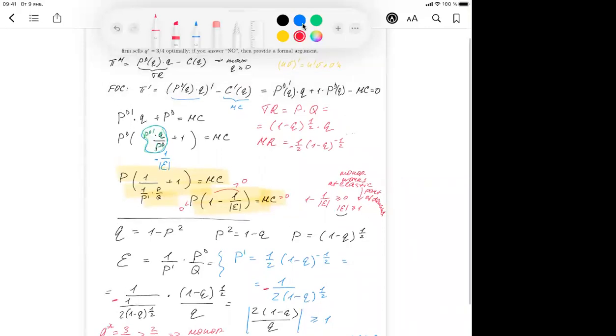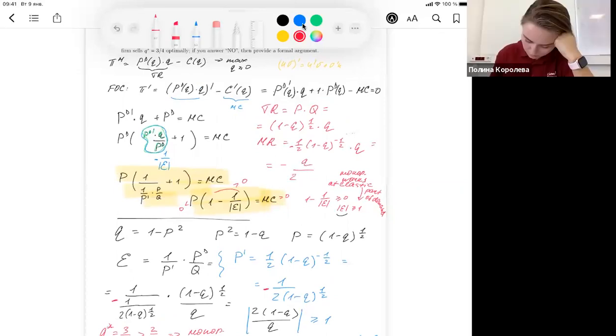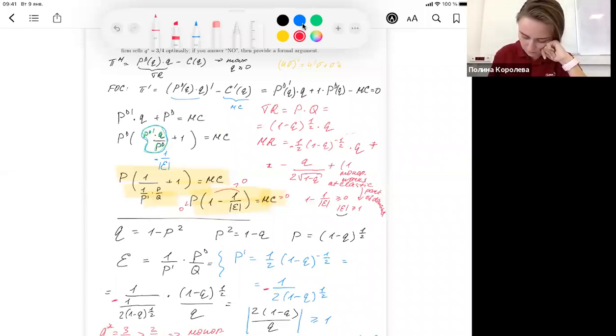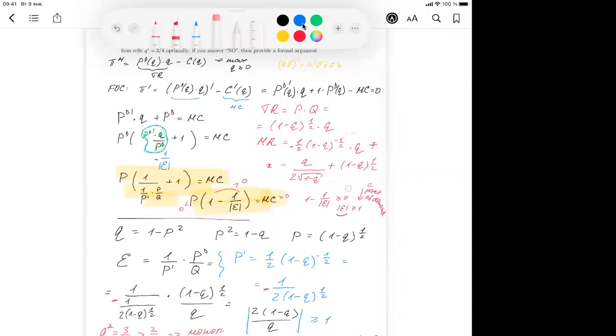Если производную взять, то получается минус q разделить на 2 корня из 1 минус q, и плюс корень 1 минус q. Там функция перемножается с q. Плюс (1 минус q) в степени 1/2. Да, и если подставить 3/4 сразу, то там получается отрицательное число.